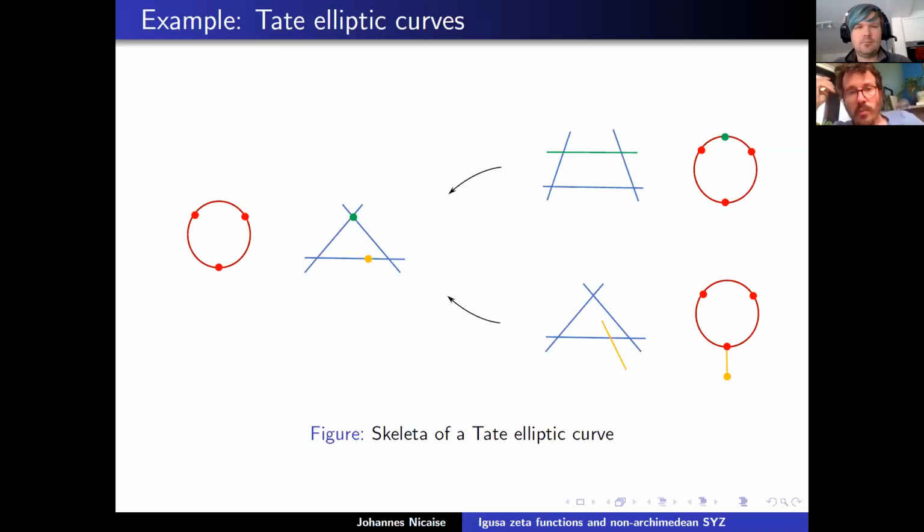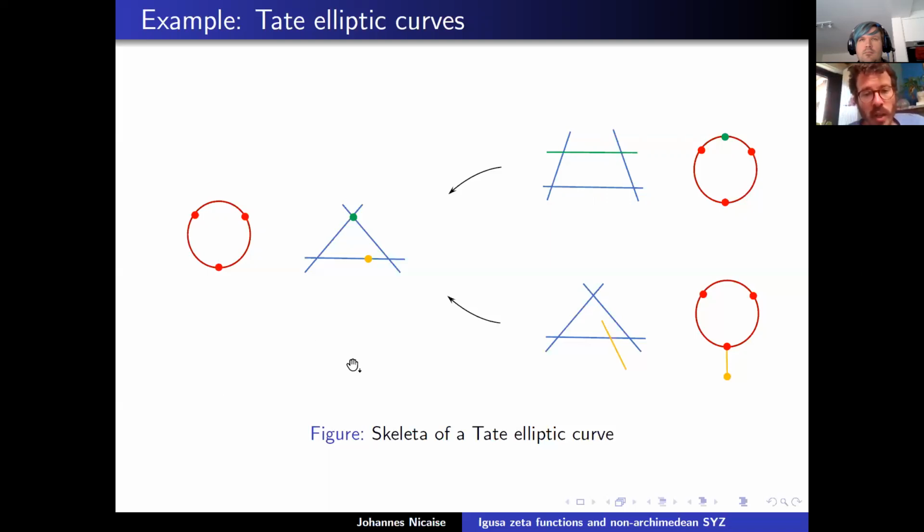But to give you an explicit example, we can look at the case of Tate elliptic curves, which is the simplest non-trivial example where the non-Archimedean SYZ fibration should appear. A Tate elliptic curve is just an elliptic curve over the complex Laurent series field, which has semi-stable reduction and such that the special fiber of its semi-stable model is a cycle of P1s.